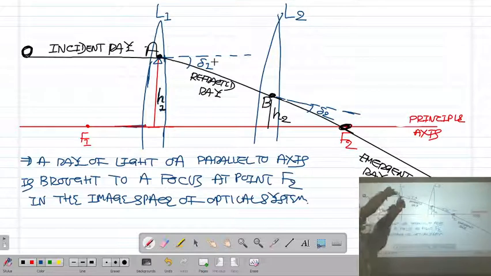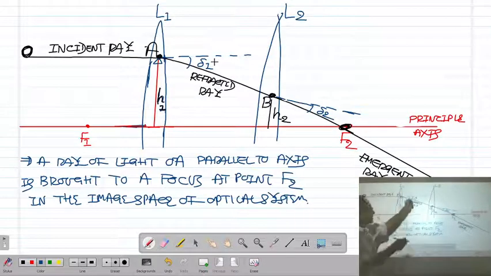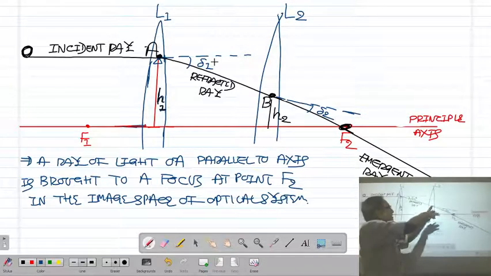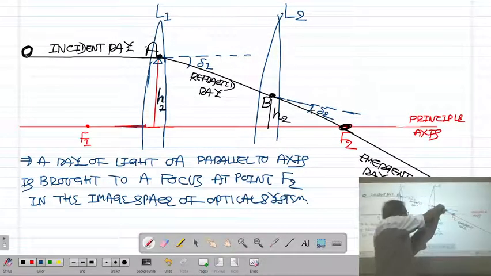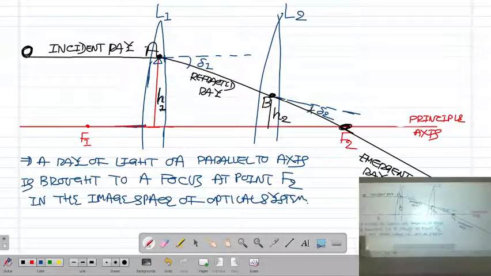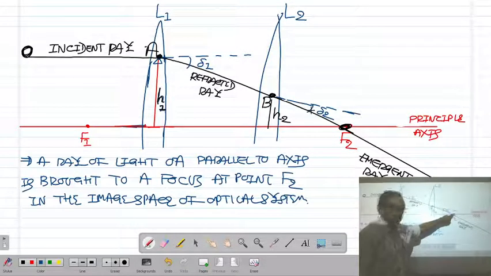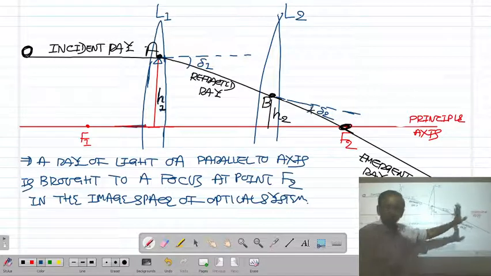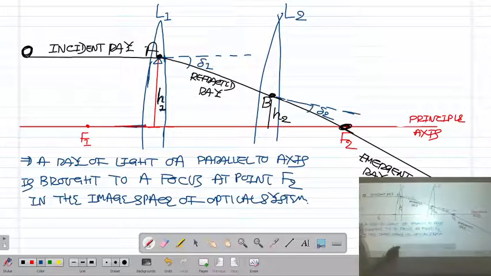This refracted ray AB again undergoes refraction into lens L2 and passes to the second focal point F2. So what is the actual path of the light ray? It starts from O, comes to A, then comes to B, and then passes to F2. So O, A, B, F2 is the actual path of the light ray.